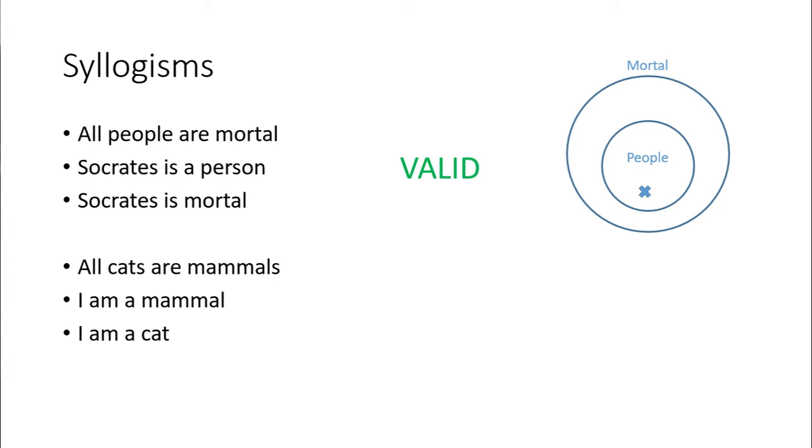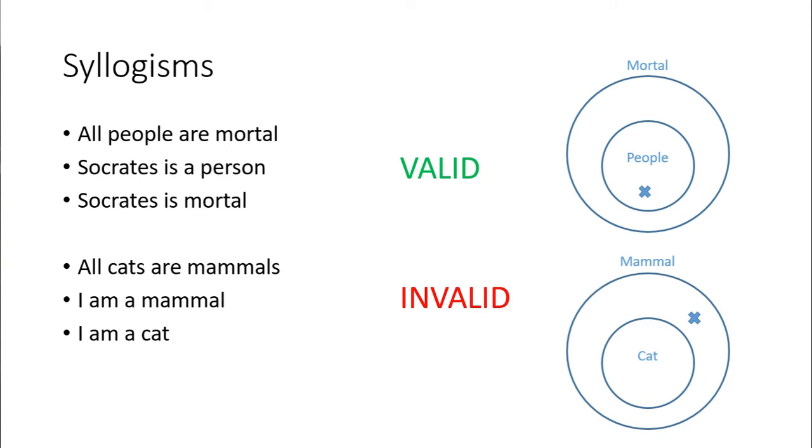This is valid. In contrast, all cats are mammals, I am a mammal, therefore I am a cat is invalid, because I can be a mammal and not be a cat. For example, humans are mammals and not cats. So these are two examples of syllogisms, one with correct logic and one with flawed logic.